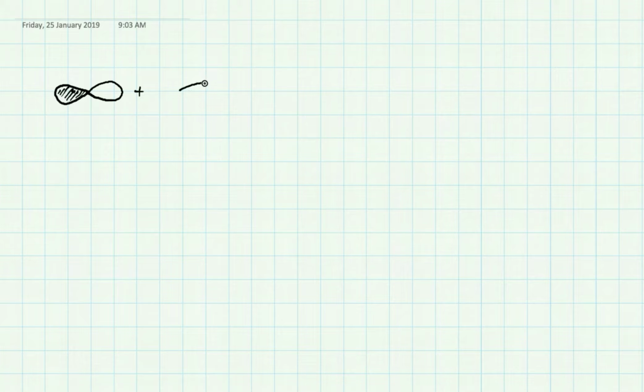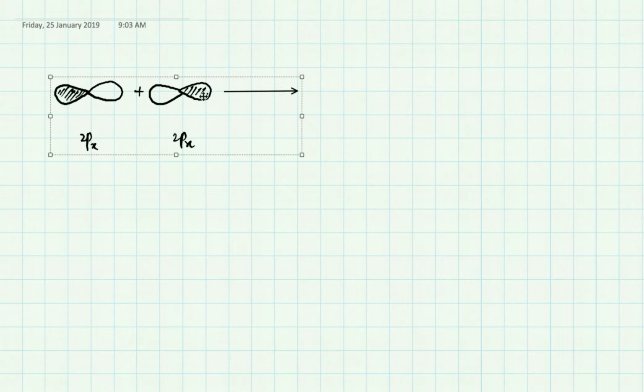It combines with another px. Suppose we show it this way. This is 2px. This is 2px from another atom. When they combine together, two possibilities arise, just like the formation of the bond from the combination of 1s and 1s orbitals. So here two possibilities will show different ways.